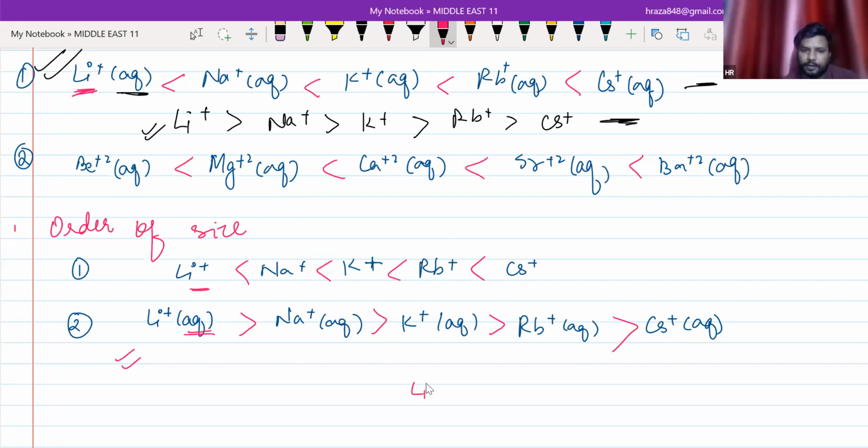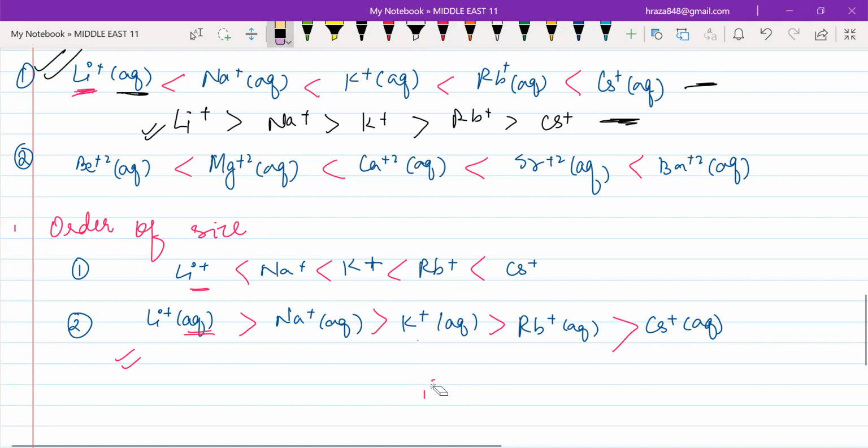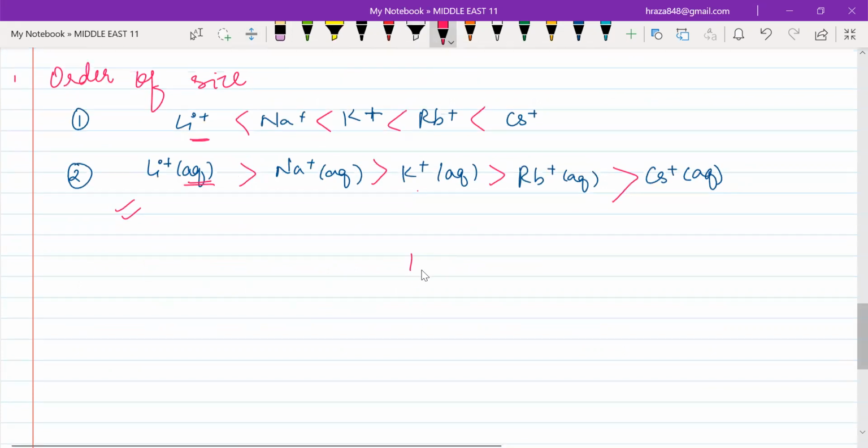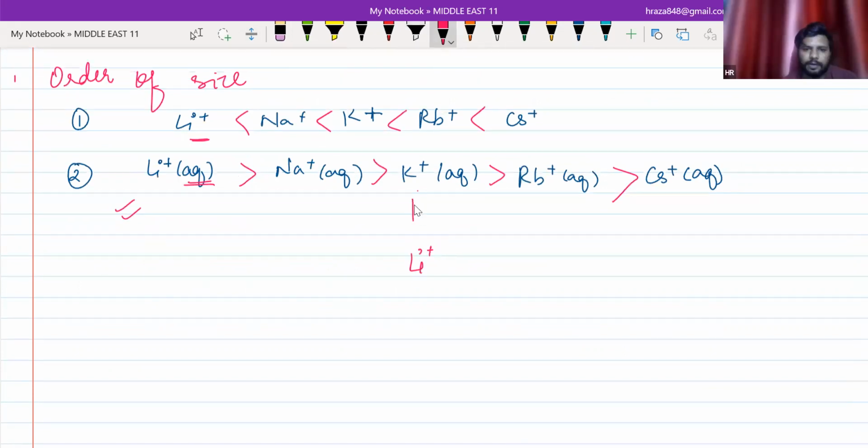See what happens here. The answer is very good. Li plus is here. It will be surrounded by water, yes or no? Yes, sir. This is Li plus, and it will be surrounded by water like this. You know that the oxygen will be negatively charged, surrounding Li plus.